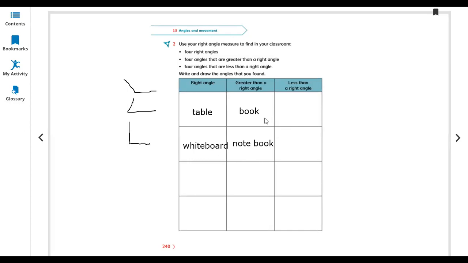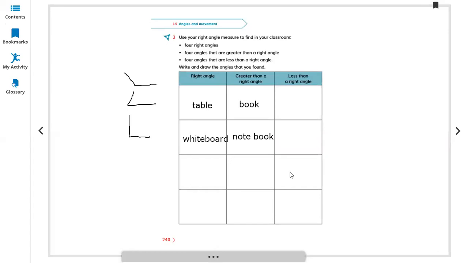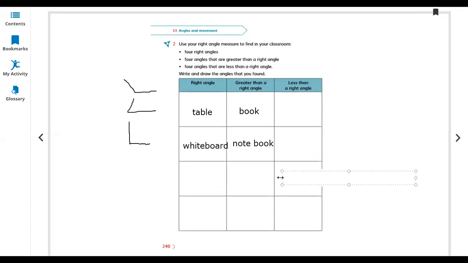Okay, less than a right angle, you can write when you're writing with a pencil. When you're sitting on the chair and putting your arm on the table, this is the angle, less than a right angle.